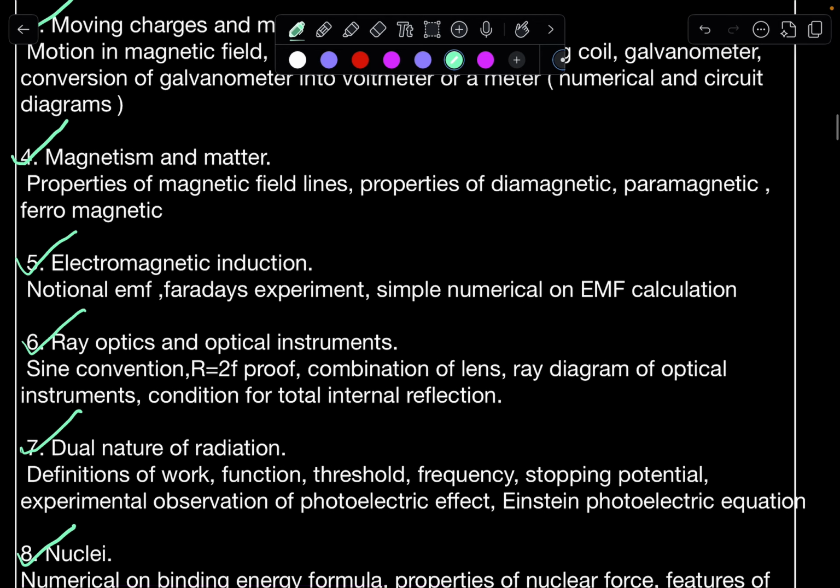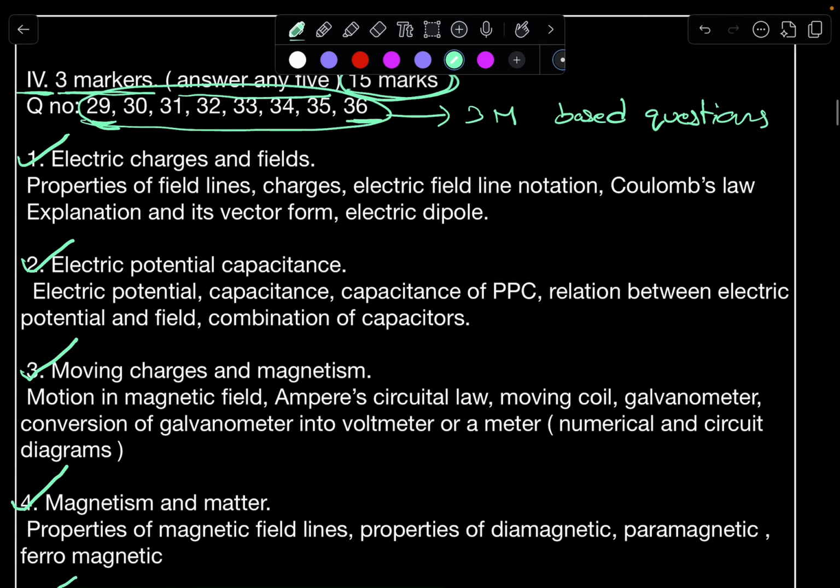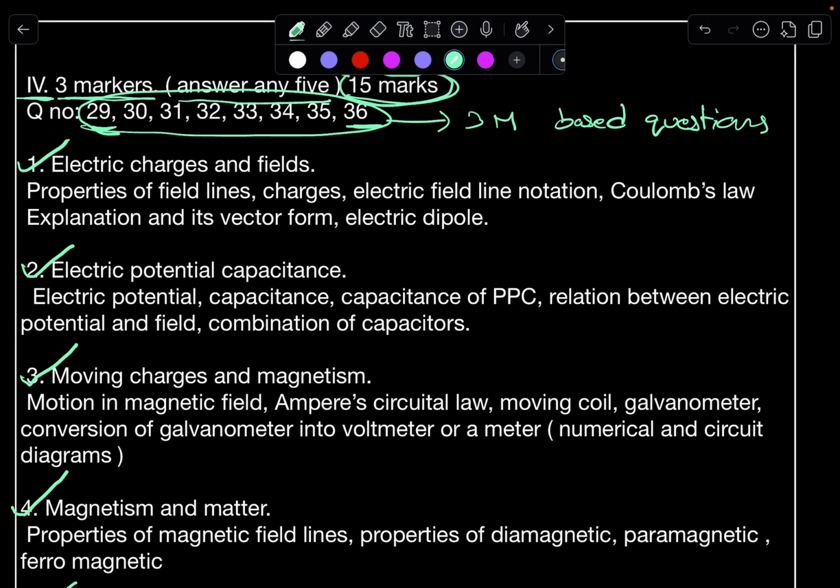So almost 8 chapters will be there, and in those 8 chapters they can ask 8 questions. Of those you have to write only 5 questions, correct or not? So you can select the most important 5 chapters. I will tell you here what the 5 most important chapters are.